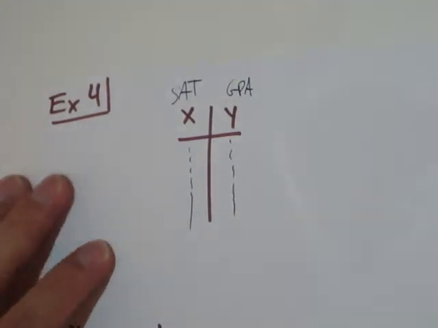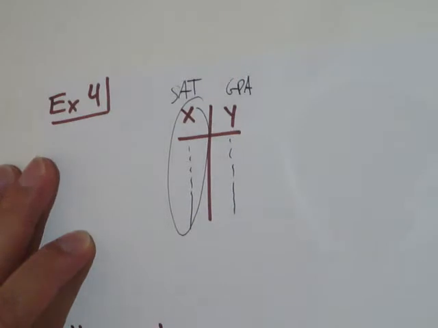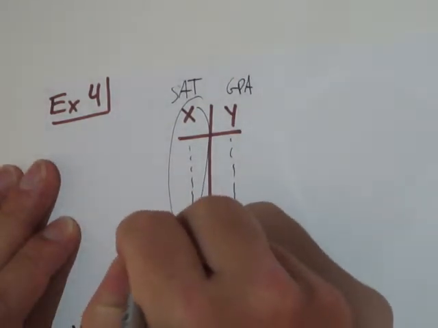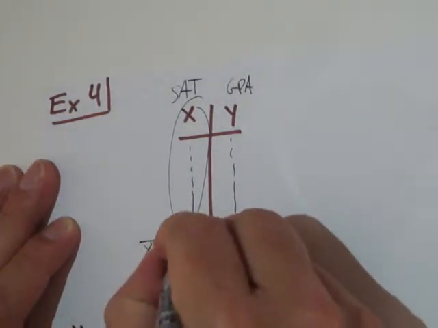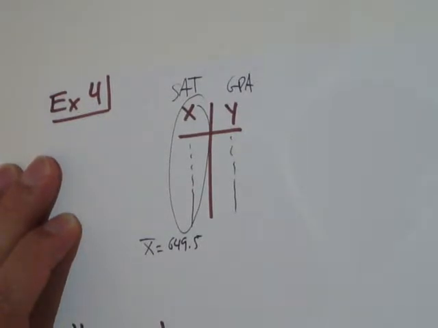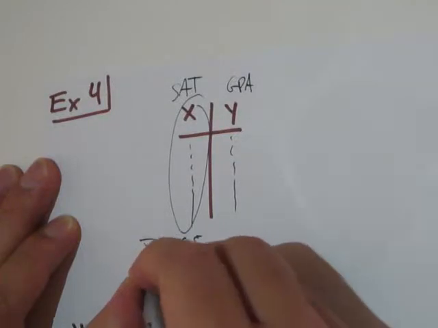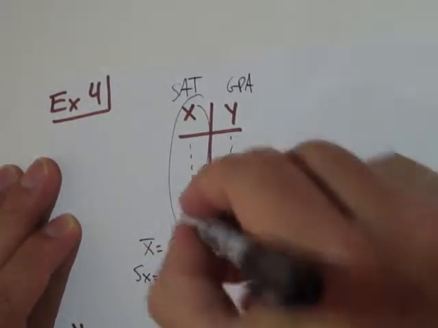So they took all these SAT scores and came up with an average, a mean, and they called that X bar, which in this case was 649.5. They also found the standard deviation, which they called SX, which was 66.5.